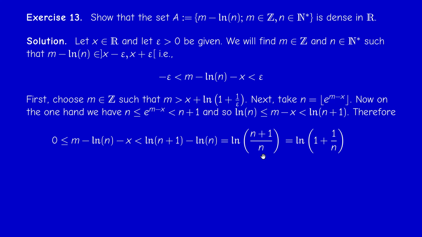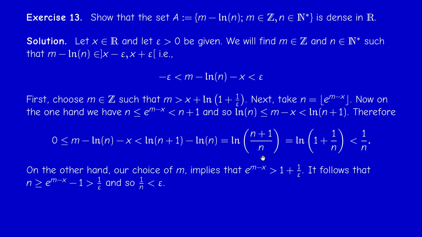But we know that ln of 1 plus t is less than t for t positive, which means that the logarithm is concave, so it's below its tangent. I hope that you know that ln of 1 plus t is less than t for t positive.